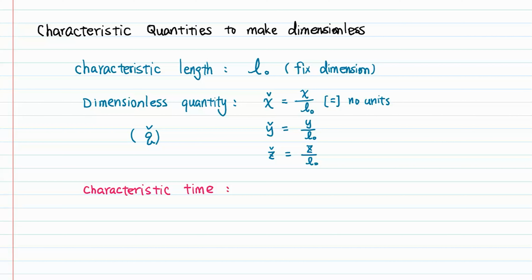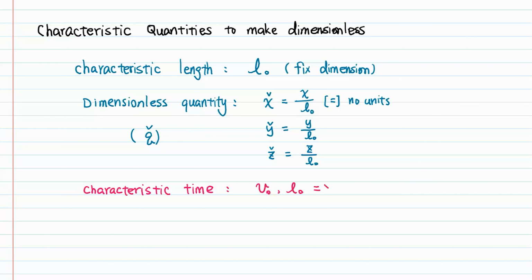If the fluid has some characteristic velocity, let's say it's v naught. Okay, and so if you want to find a dimensionless time, the easiest one is v naught divided by some distance. So a combination of v naught with L naught gives you the characteristic time.